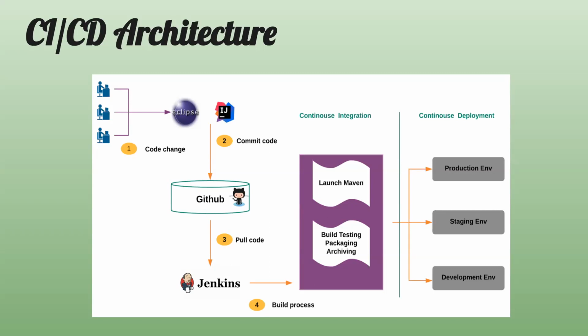There are tools like Jenkins, Travis CI. There are a lot of build and release tools that can be integrated into these source code management repositories to pull the code and deploy it automatically.